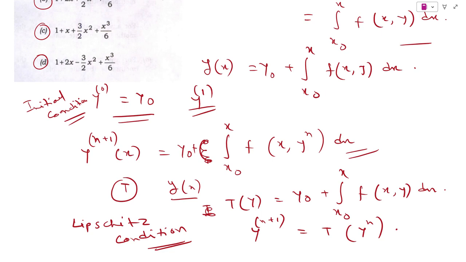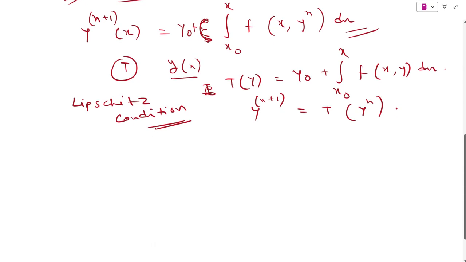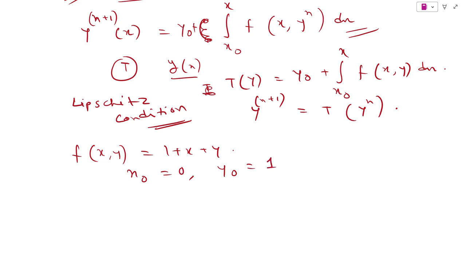All right, now let's apply this to our problem. Given data is f(x, y) = 1 + x + y. Initial values are x0 = 0 and y0 = 1, and this is the zeroth iterate.